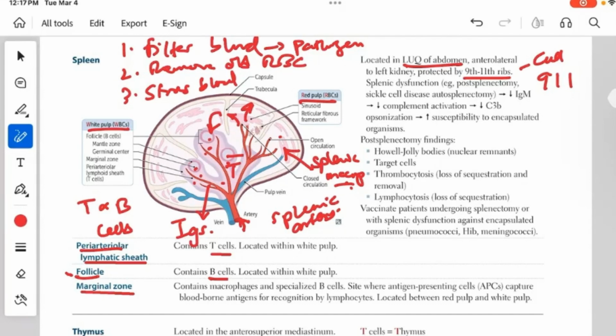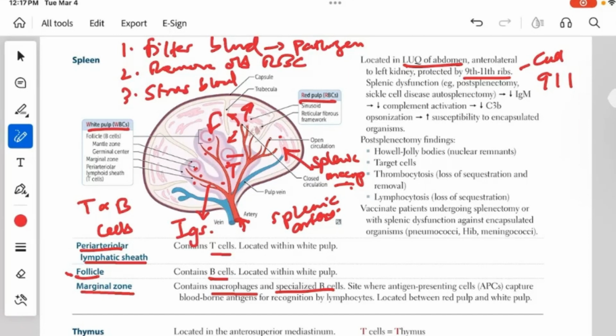And then you have the marginal zone, where the splenic macrophages come and are located once they come in from the red pulp. There they present the antigens to the T cells. The marginal zone contains the macrophages and the specialized B cells.